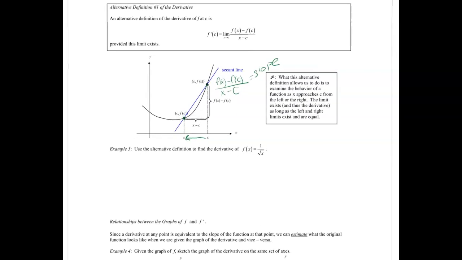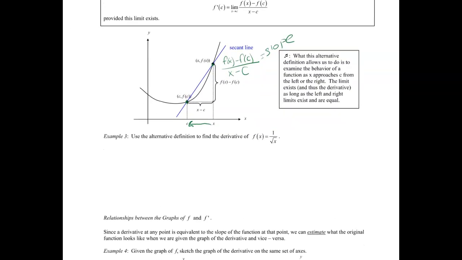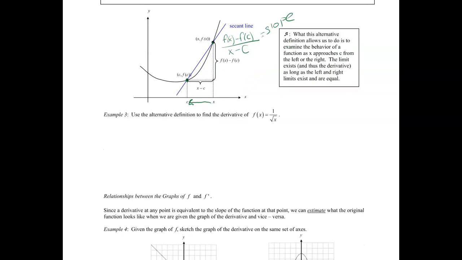So trying to find the slope again, I've got f prime of c equal to the limit as x goes to c of f of x minus f of c all over x minus c. So this is going to equal the limit as x approaches c of 1 over the square root of x minus 1 over the square root of c all over x minus c.